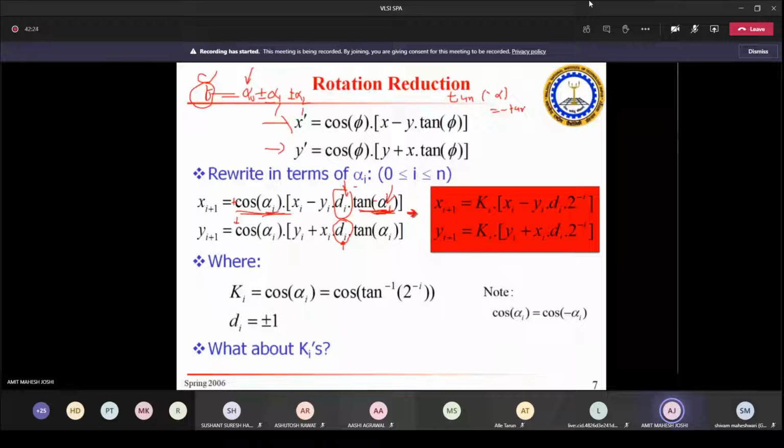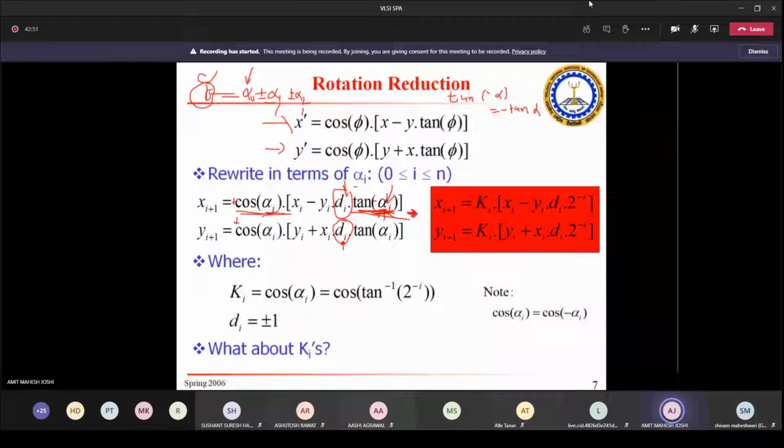Why this? Because tan is my odd function. So that means for this tan, if this alpha i value could be positive or negative, that actually reflects in the output as minus tan alpha or plus tan alpha. So I need to take care in every iteration whether it is plus tan alpha or minus tan alpha.